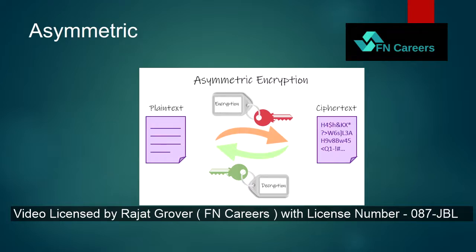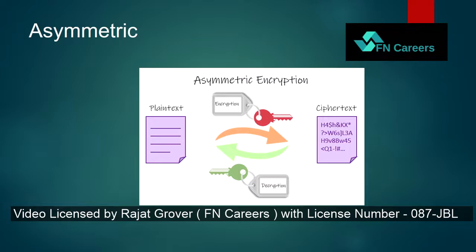Either of the two keys can be used to encrypt a message, but the thing here is that the opposite key from the one used to encrypt the message can be used to decrypt it.